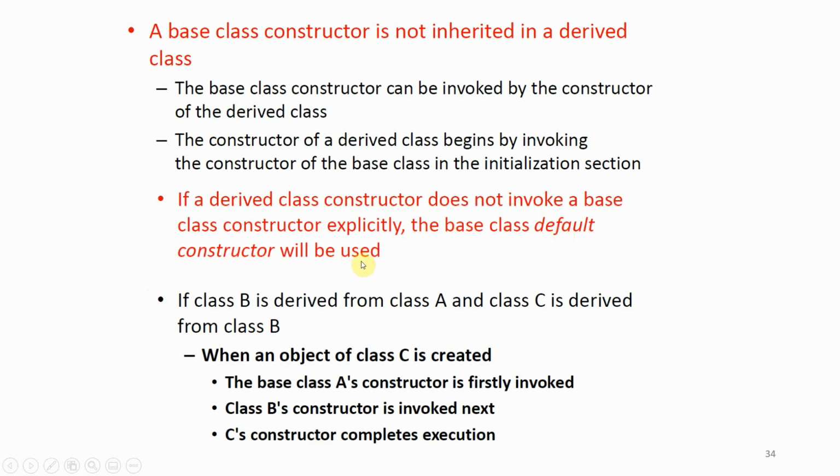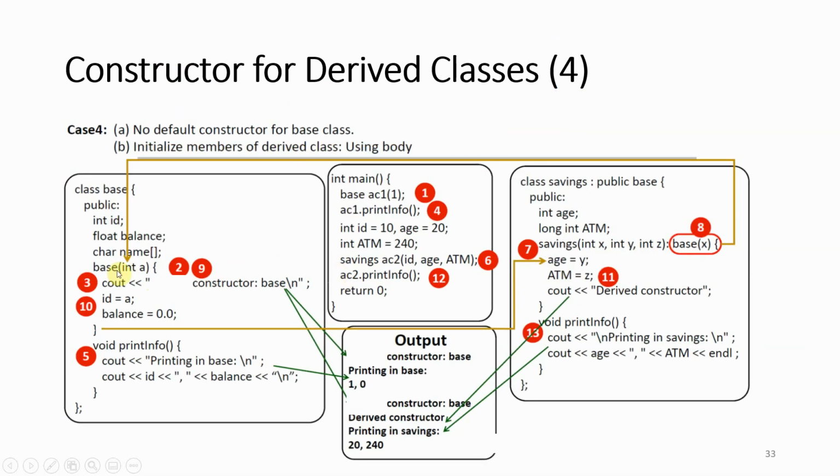So in this case, if we didn't have this one, we would get an error. If we didn't have this one and we didn't also have a non-default constructor for base, that would have been okay, because the compiler would generate a default constructor for the base class. But the compiler would never generate a default constructor if you already have a non-default constructor.